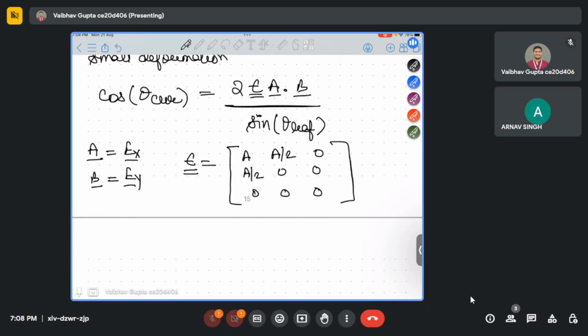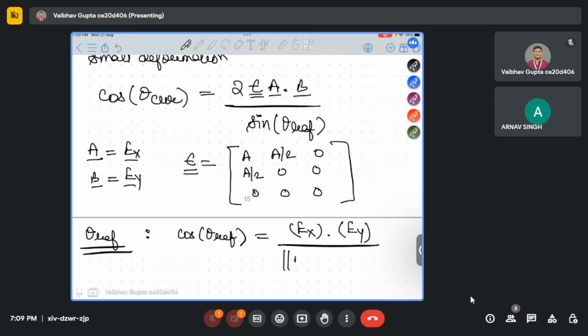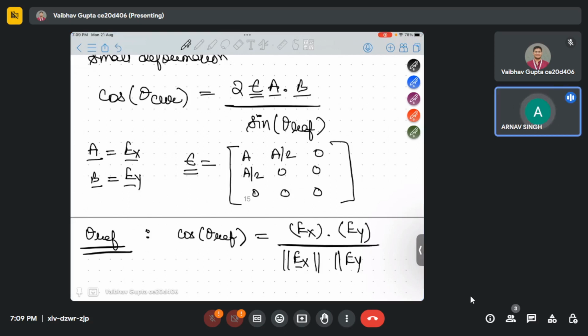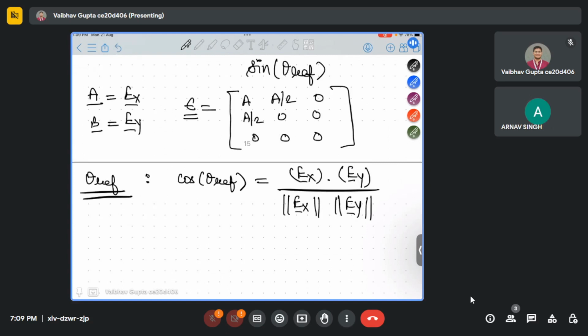So now first we'll calculate theta ref. Cos theta ref is nothing but A dotted with B, EX dotted with EY, upon mod of A and mod of B. Tell me what is EX dotted with EY first? It is nothing but 0.